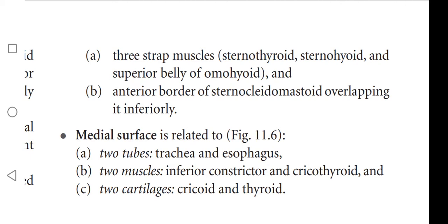Guys, you understand? This lateral surface is convex in shape and superficial, and it is covered by three muscles, and these three muscles are overlapped by another muscle, that is sternocleidomastoid. I show you a diagram, guys.